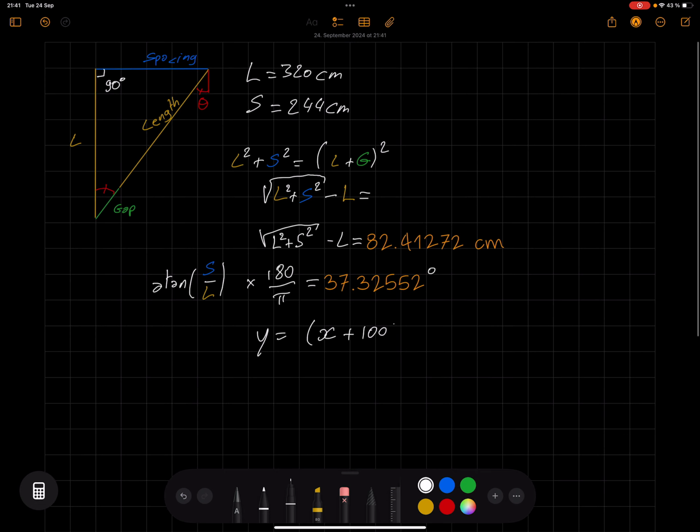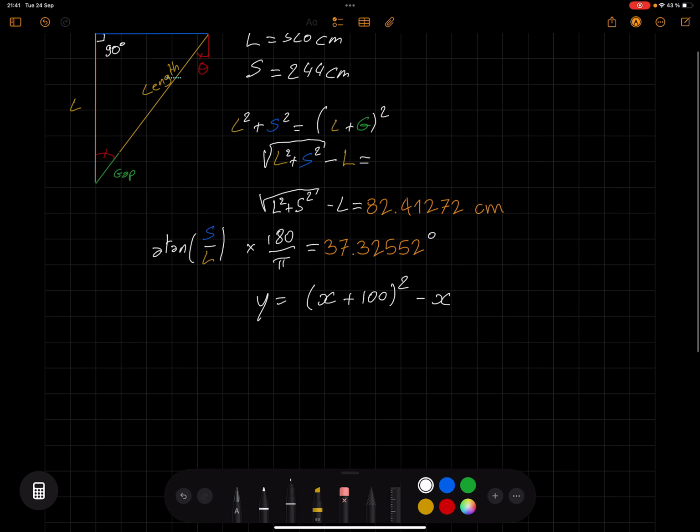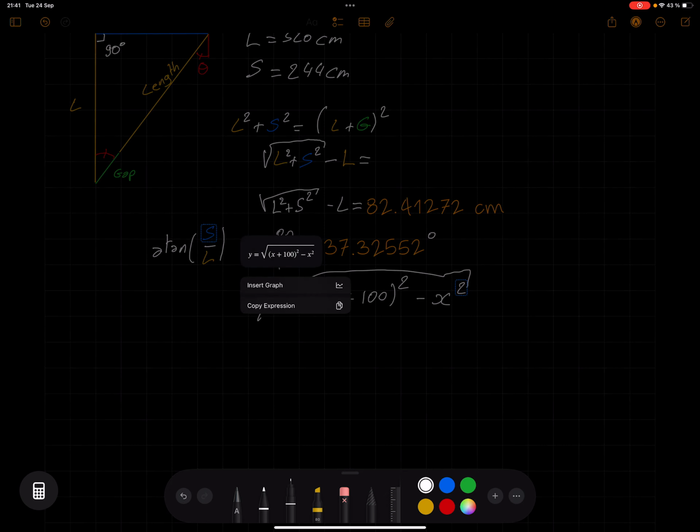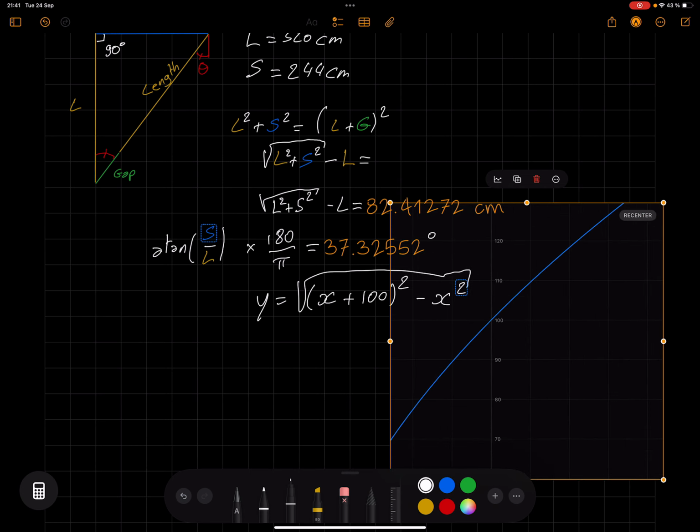And so this is squared, minus X again, squared, and so I have a square root of this whole thing. So now it's pretty much what I want. Actually, it's working, and now I insert a graph and I see this one.